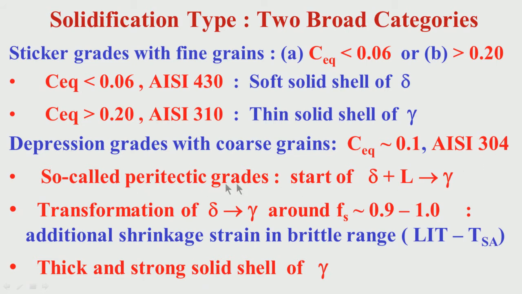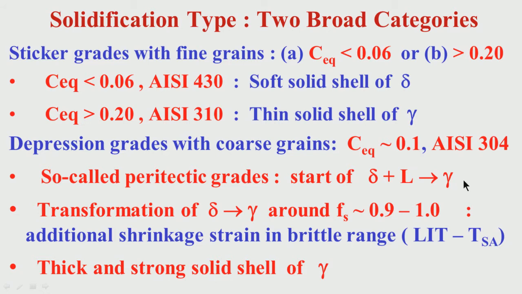These are basically the so-called peritectic grades, because the chemistry lies at the beginning of the peritectic reaction, peritectic range of chemistry. So, these are the beginning, delta plus liquid giving rise to austenite, delta ferrite and liquid reacting and giving austenite.